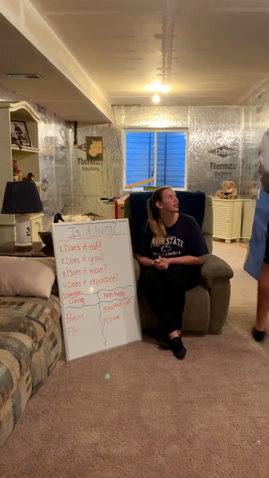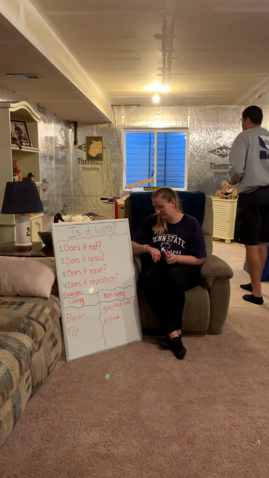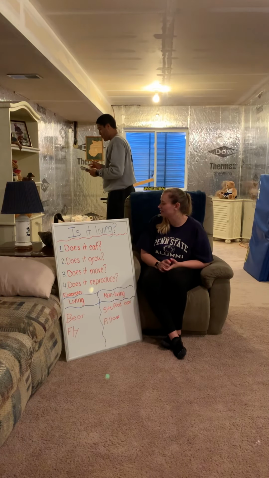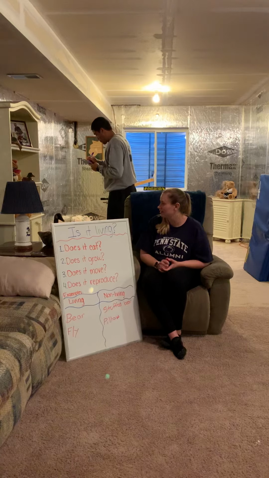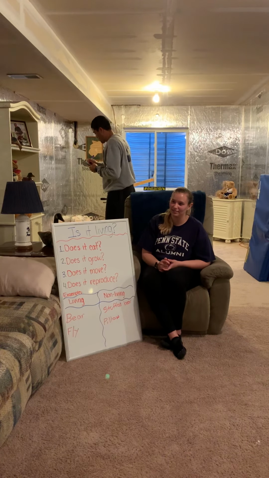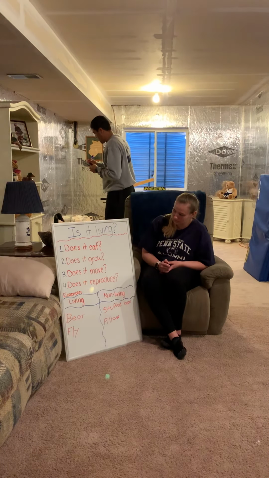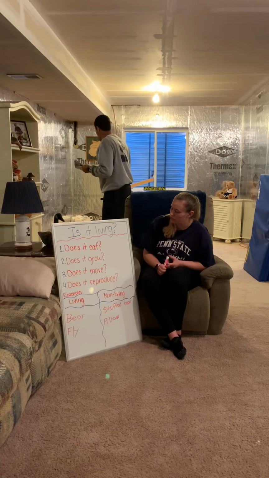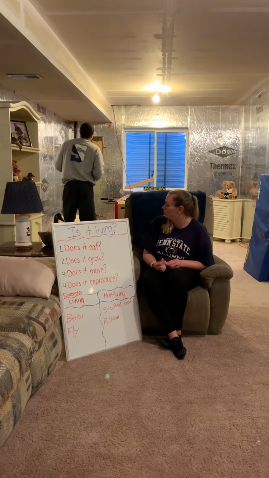Just until I say the time's up. Okay. Make sure you ask yourself all 4 questions. Does it eat? Does it grow? Does it move? And does it reproduce or make more of itself?